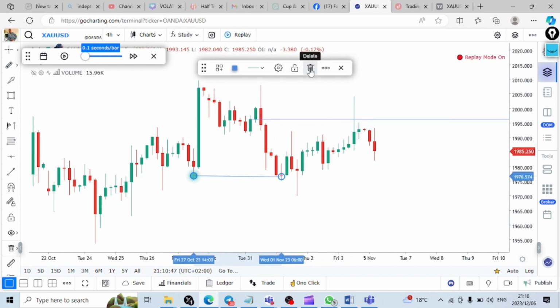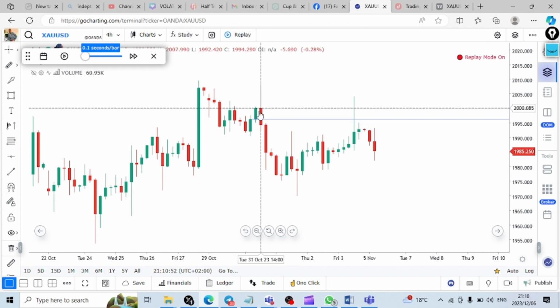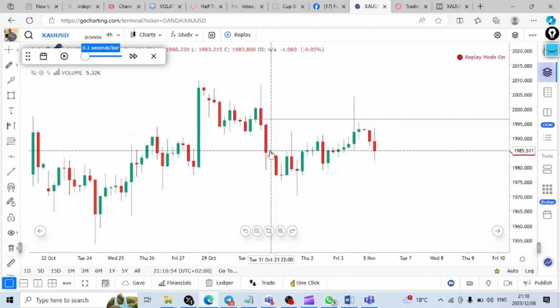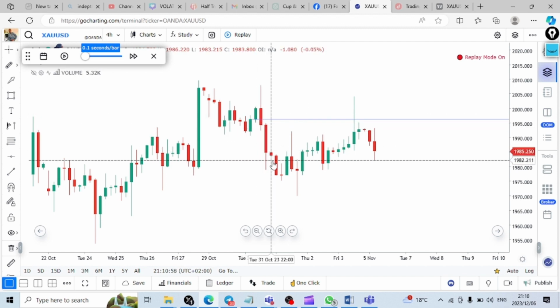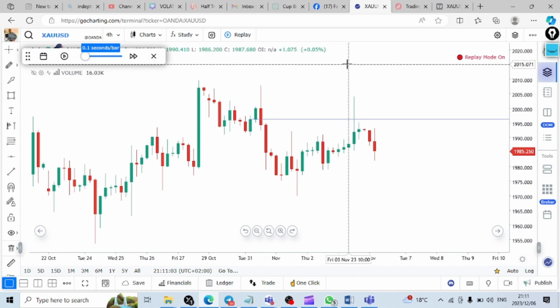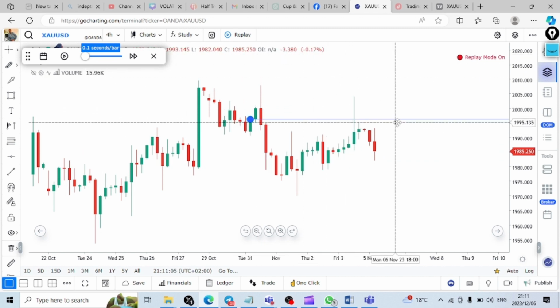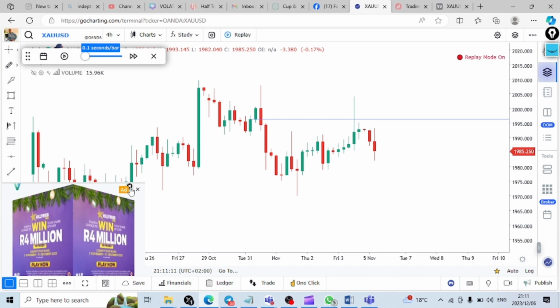But apart from that, if you have a bullish candle and the size of the bearish candles that followed after that bullish candle are at least 2 to 3 times the size of this one, you mark that level because it marks out an order block, especially if you're on higher time frames. For example, the H4, the daily or the weekly time frame, that can be your order block.